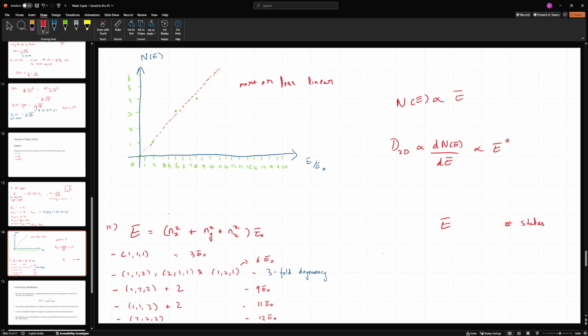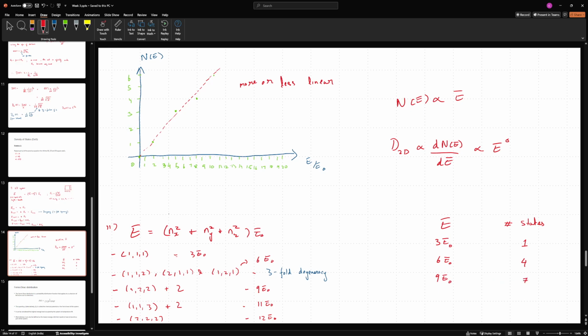Okay. So now below 3 E naught, there is of course nothing. So at 3 E naught, I have one state. At 6 E naught, we have that one and 3 more states. So this is 4. Then at 9 E naught, I have another 3 states adding.